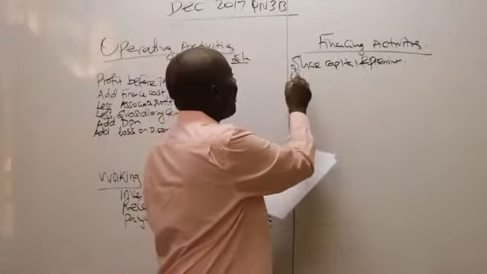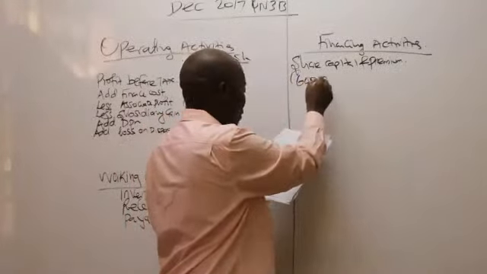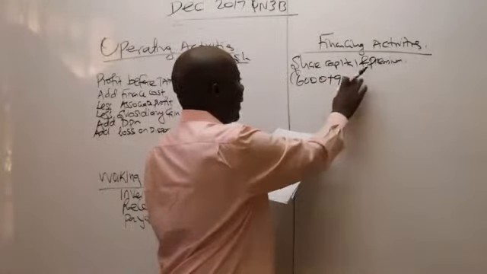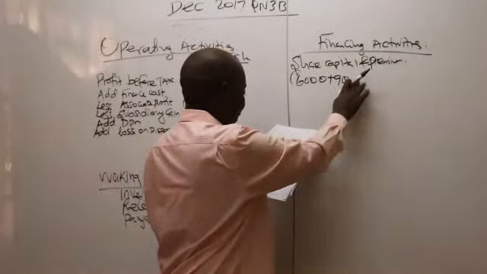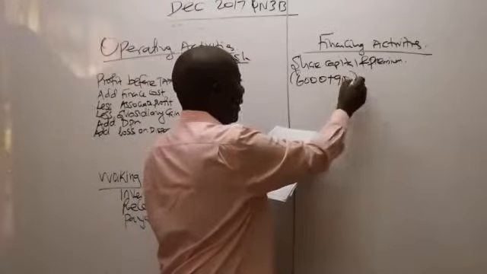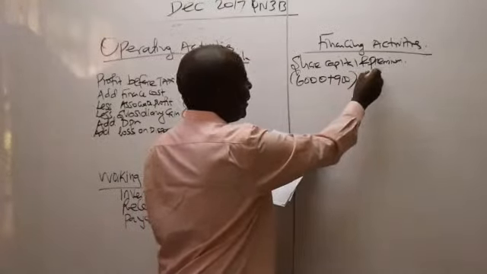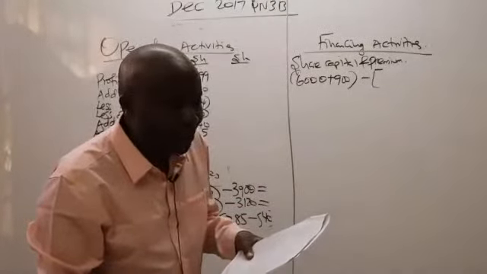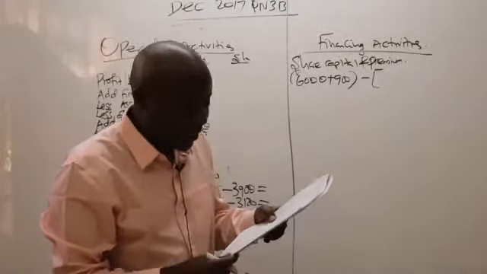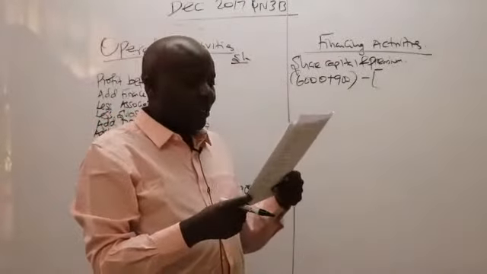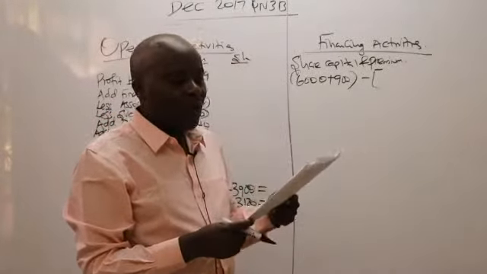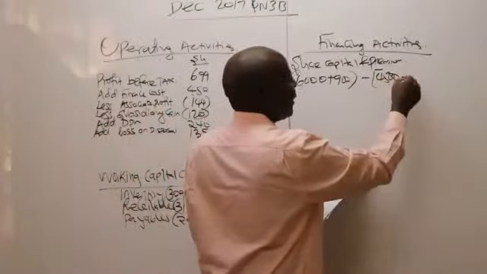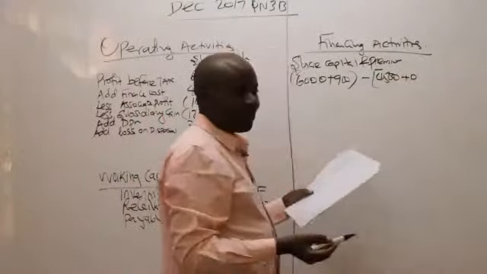Abracadabra, the closing balance is 6,000 plus 9,000 plus 900 plus 900 plus 900, minus the opening. What is the opening, somebody? Looking at the opening, share capital is 4,500, plus premium there is 0.